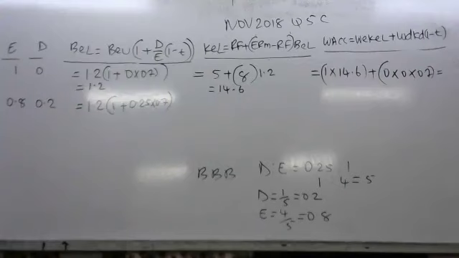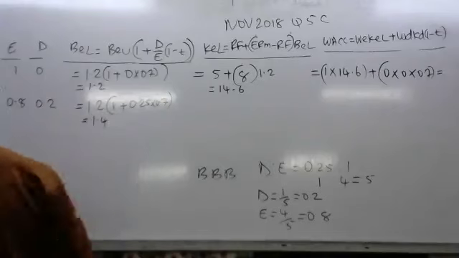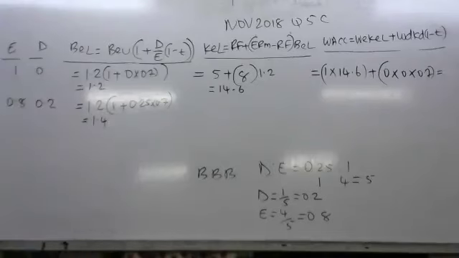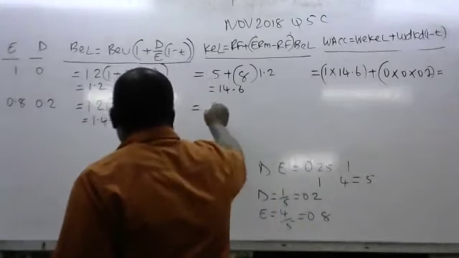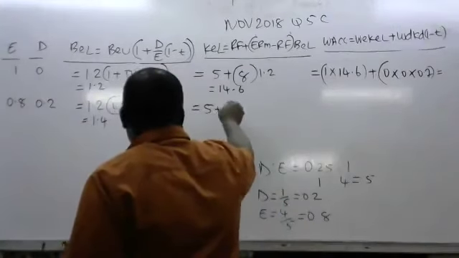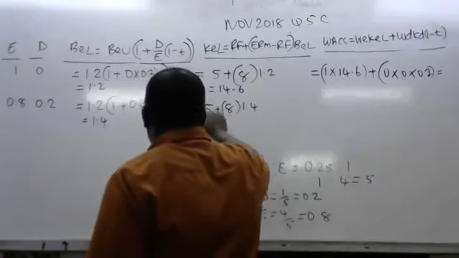So it will give you a figure of 1.41. So you proceed to this point as 5, then we add 8, 1.4.